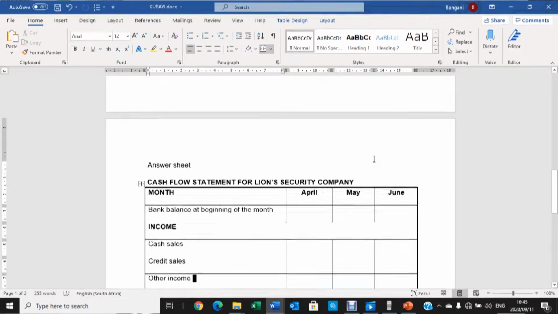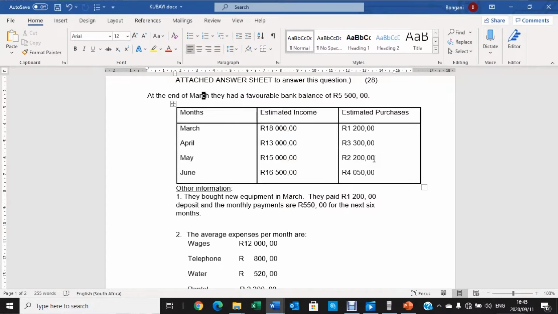We are going to use this answer sheet. Our first adjustment: we are told that the business had a favorable balance at the end of March. The previous month's bank balance becomes the following month's bank balance at the beginning of the month.